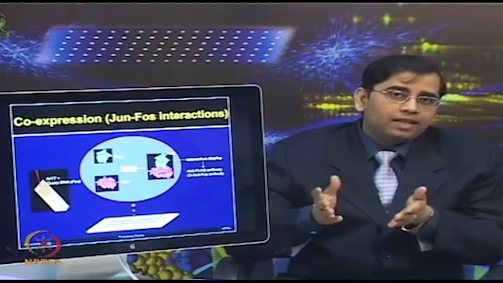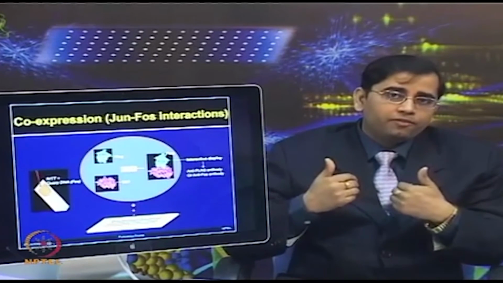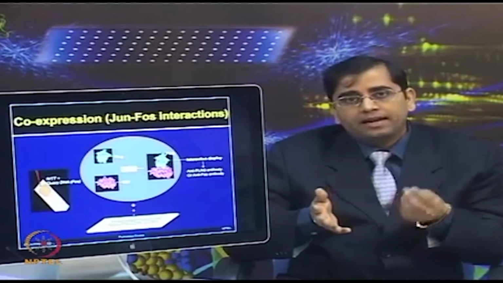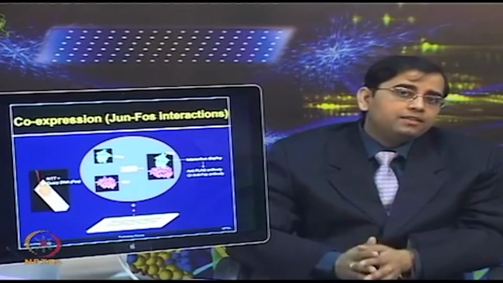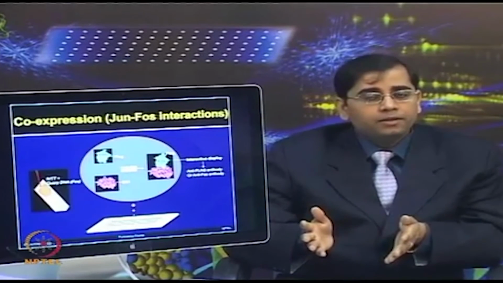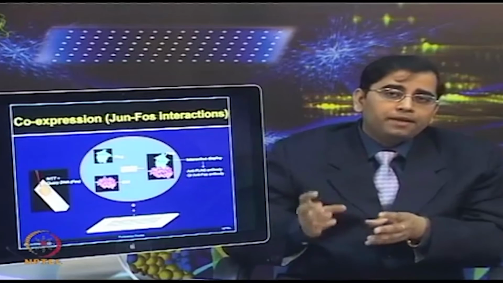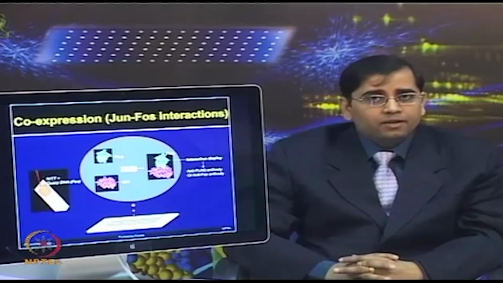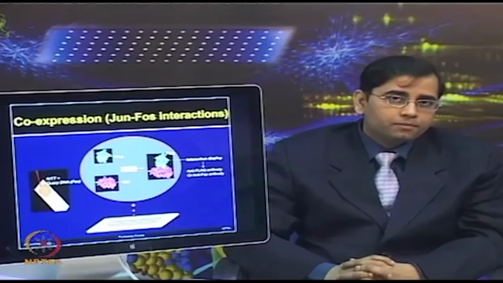Mix the whole cell lysate on the chip surface, and after incubation, when proteins are expressed, at the same time the query cDNA will also express the protein, and if it finds its binding partner, it is going to bind to those features, which can be detected by using protein specific or tag specific antibodies.